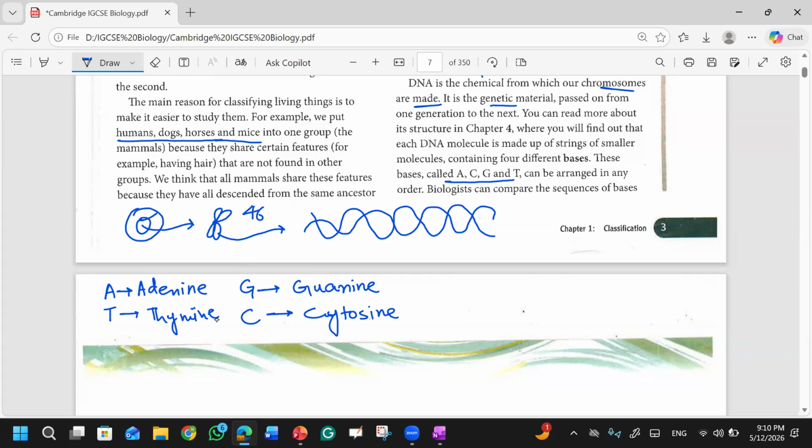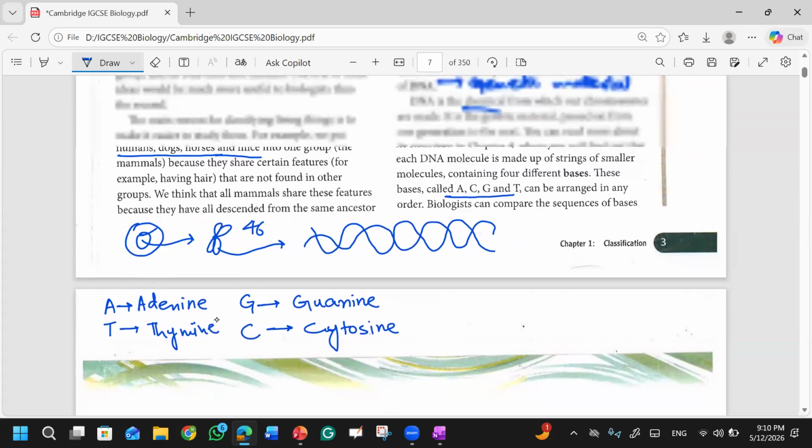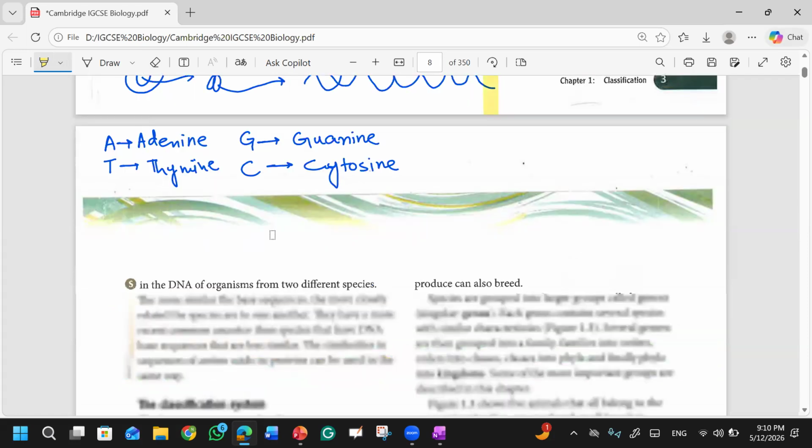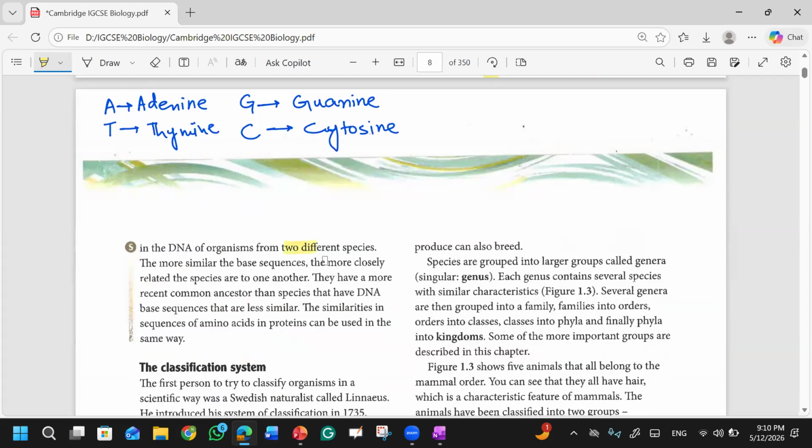Then they discussed that the sequence of bases in the DNA will form two different species. How?